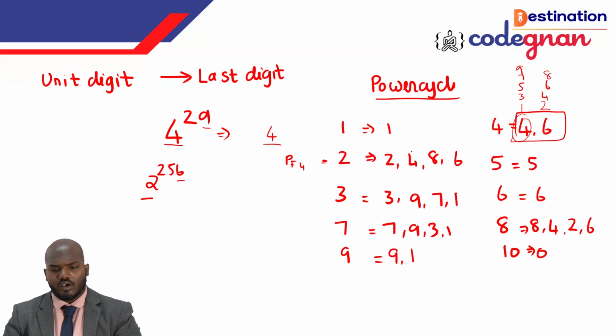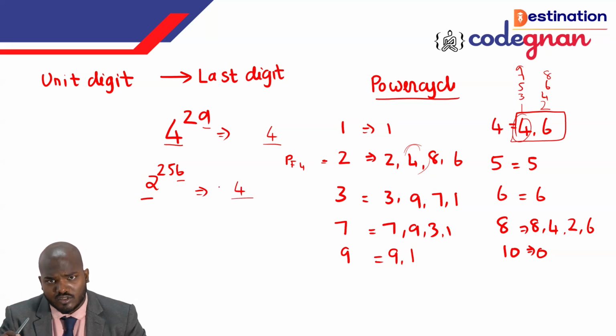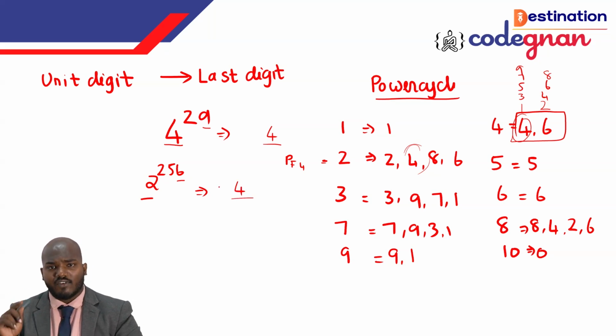Okay, so if I write the 2 again, this is 1, 2, 3, 4, and this is 5, 6. So then I can say that the power of 6 will give you the last digit as 4 here. So that is 2 power 256. I don't know the value, but the 6 which is ending here will give you the last digit as 4. Okay, so this is the way you can simply close this one.